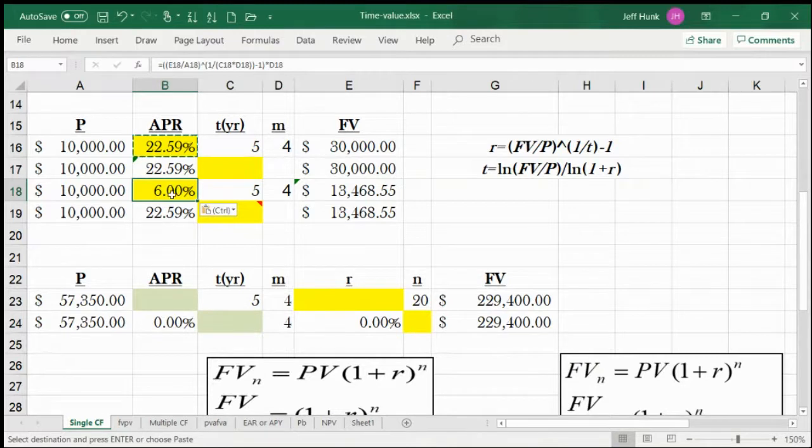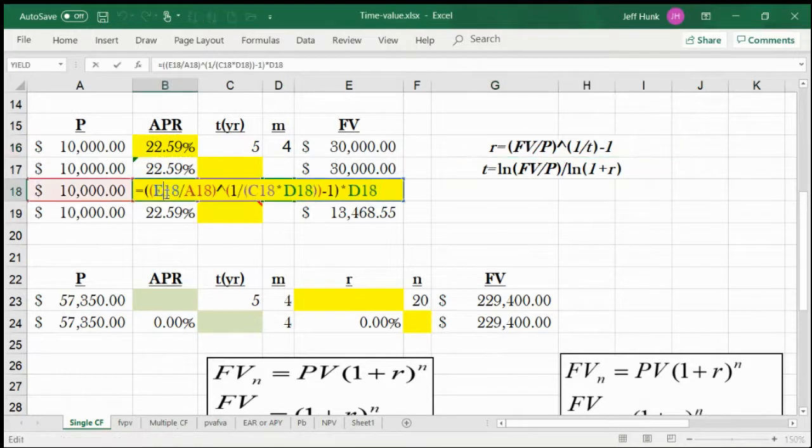But then, if you solve first for the periodic rate, and then make an adjustment to convert it back to annual rate, which is a very easy process, because anybody can understand that if the quarterly rate is something X, to convert it into annual rate, you just multiply it by 4. Which is what was done here.